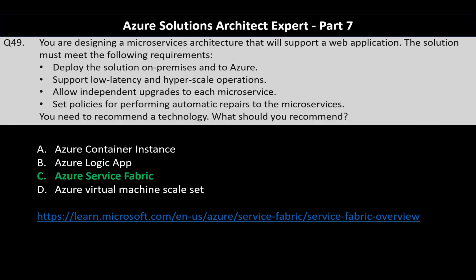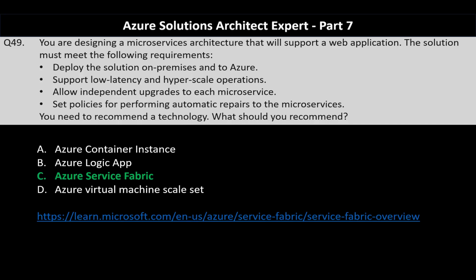Now, Azure Service Fabric is a distributed systems platform that makes it easy to package, deploy, and manage scalable and reliable microservices and containers. It supports deployment to both on-premise and to Azure, providing a consistent platform for managing and deploying microservices.